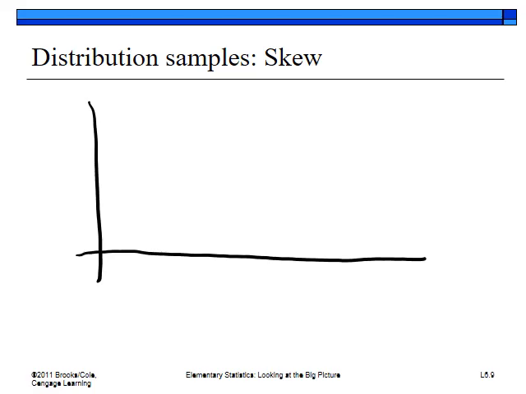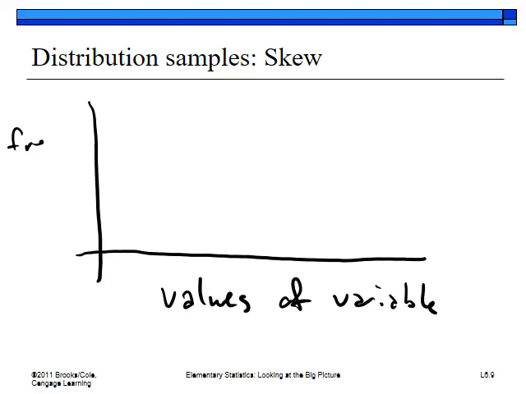On the horizontal or x-axis, we'll have values of the variable. And then on the vertical axis, we'll see the frequency at which those values occur. So if the graph is high at a certain point, that means those values occur often. If the graph is low, close to the axis, that means that those corresponding values of the variable occur less often.